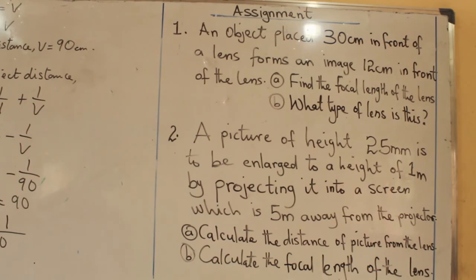And the second question. A picture of height 25 millimeters is to be enlarged to a height of 1 meter by projecting it onto a screen which is 5 meters away from the projector. A. Calculate the distance of the picture from the lens. B. Calculate the focal length of the lens.